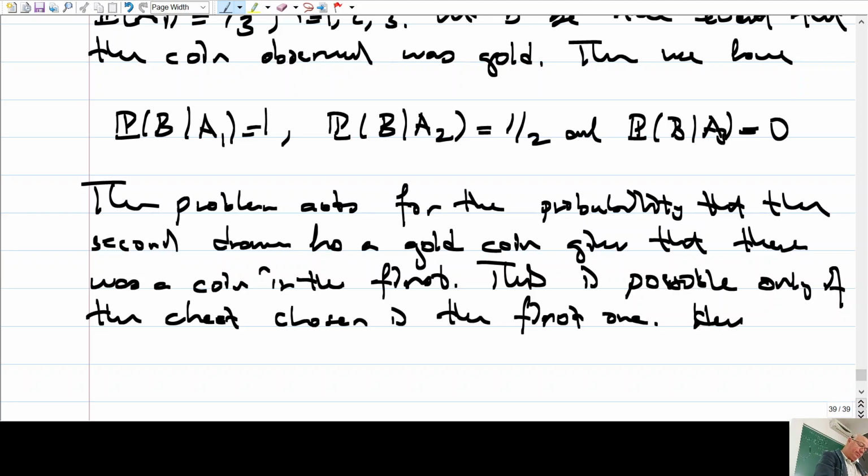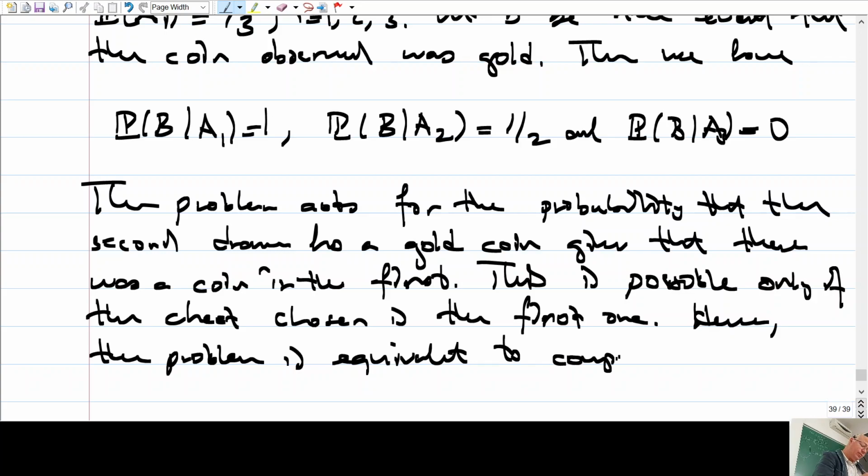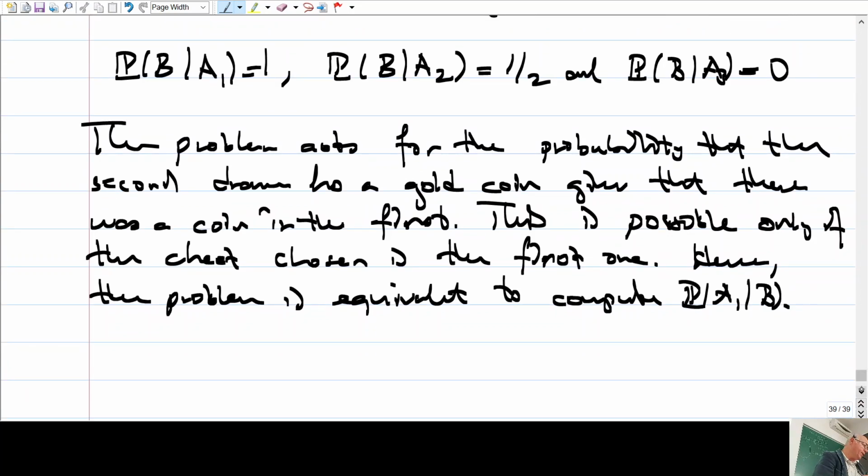Hence, the problem is equivalent to computing P(A1|B).